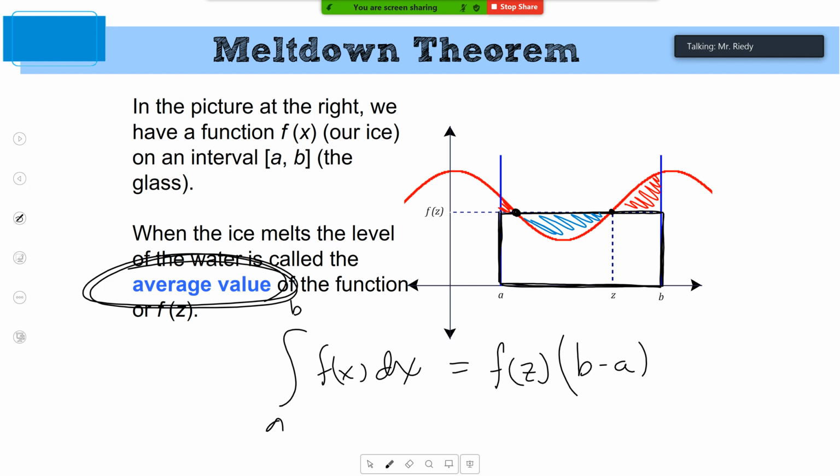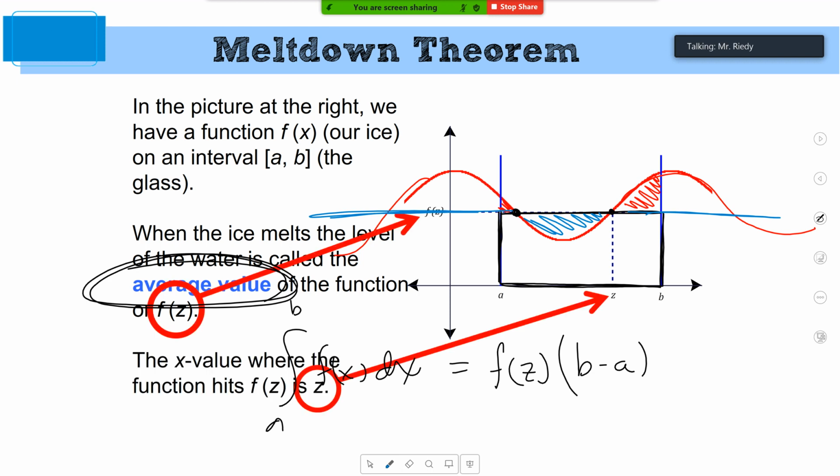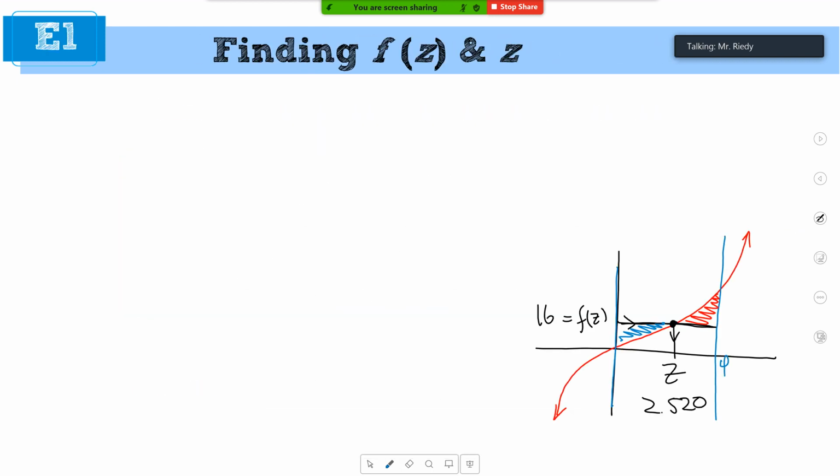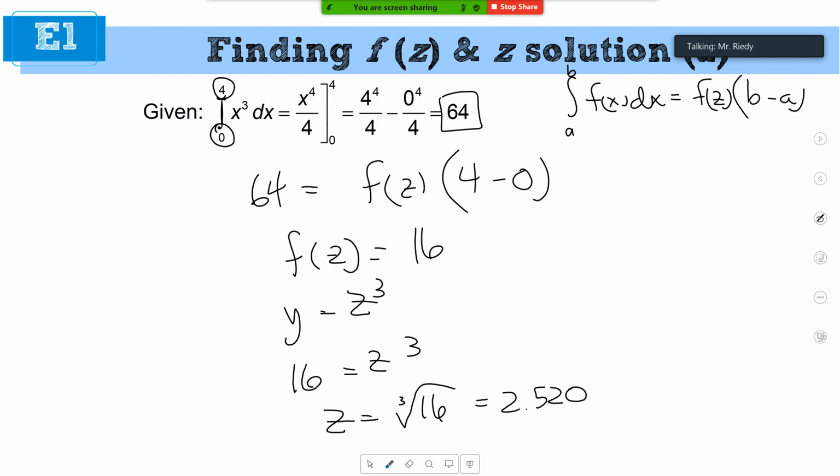So think about if we did an average value for the sine function, which this is pretty much a sine function. If this red function continues on forever and ever, this z value is going to hit in multiple spots. We only care about the z values that are inside our interval there, 0 to 4.